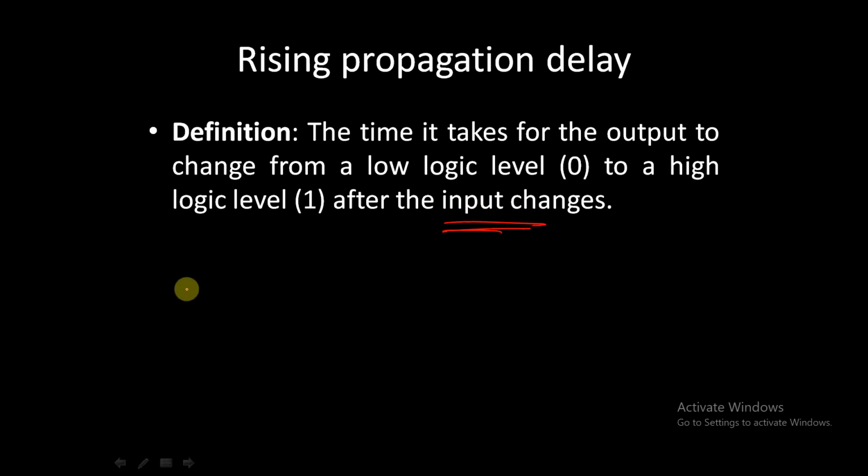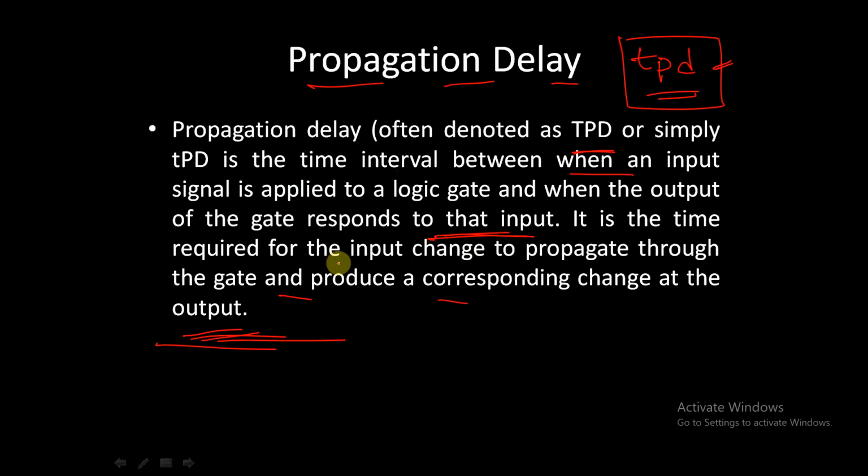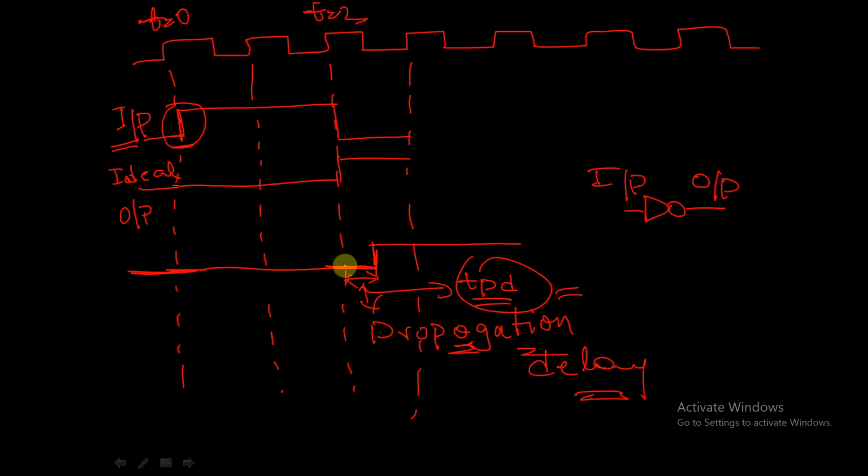For example, in our NOT gate example, this is our rising propagation delay. When the input changes from 1 to 0, it takes some time for the change to be reflected at the output, so the output changing from 0 to 1 takes some time. This is called rising propagation delay.